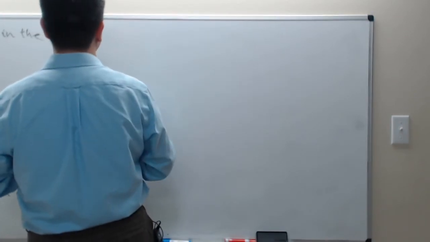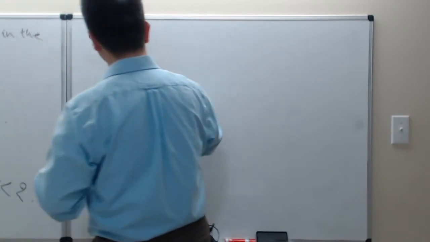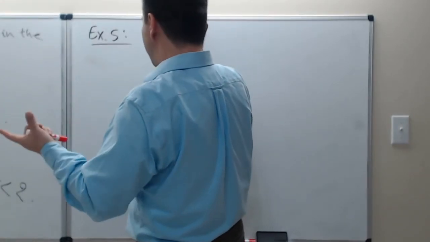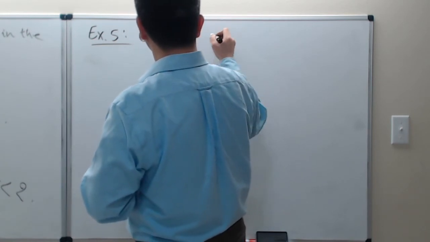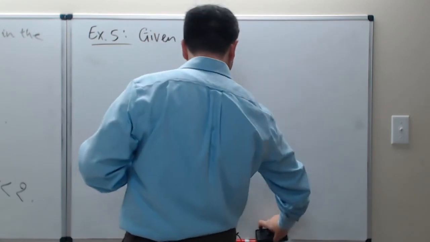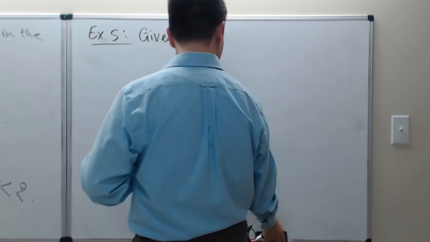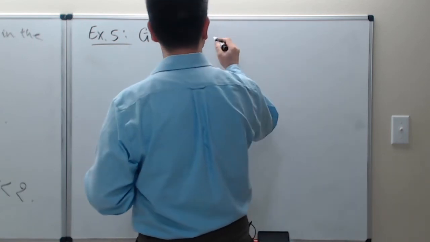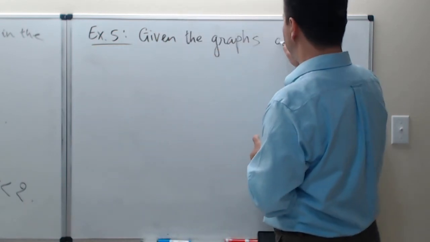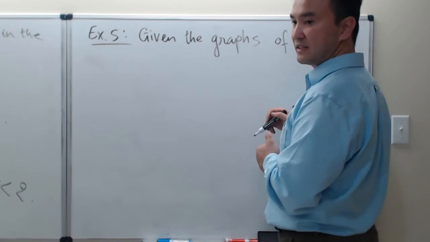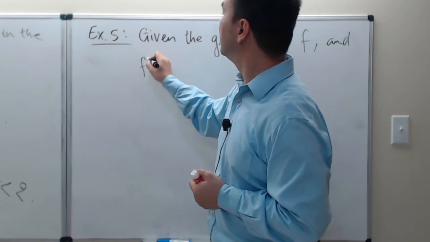All right. So in example 5, the introduction here is that we are given the graphs of our function f of x and also of our function f prime.